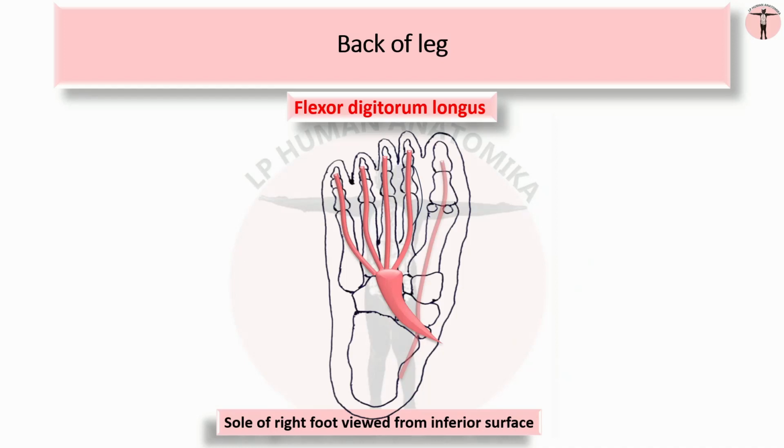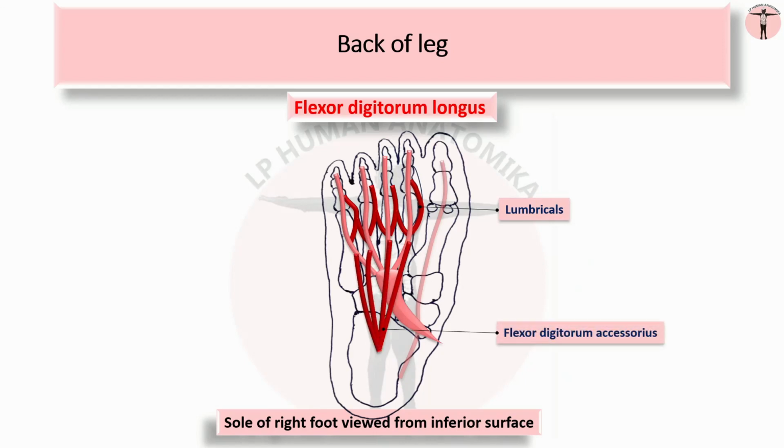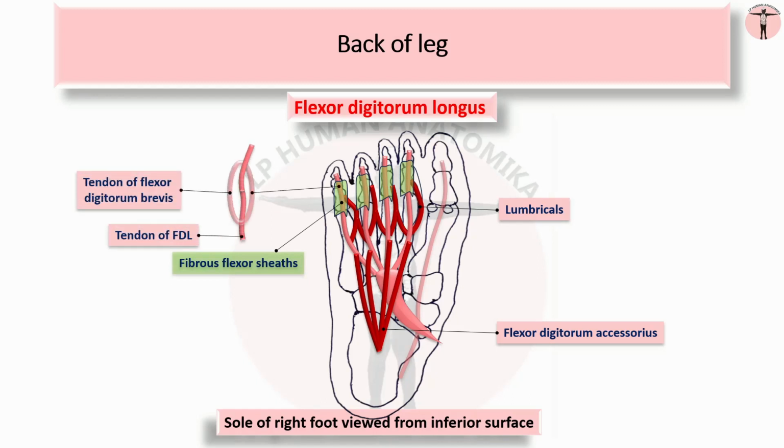Each digital tendon gives origin to lumbrical muscle of the foot. It also receives the insertion of flexor digitorum accessorius from the lateral side, which straightens the pull of action on the toes. It enters the fibrous flexor sheath, pierces the tendon of flexor digitorum brevis, and is inserted to the plantar surface of the base of terminal phalanx of lateral 4 toes.